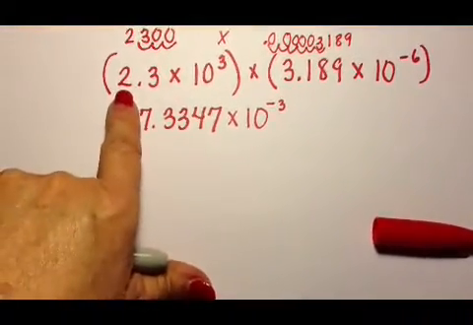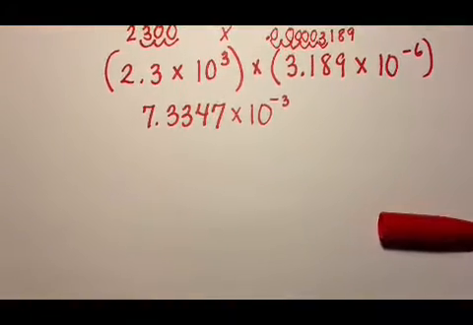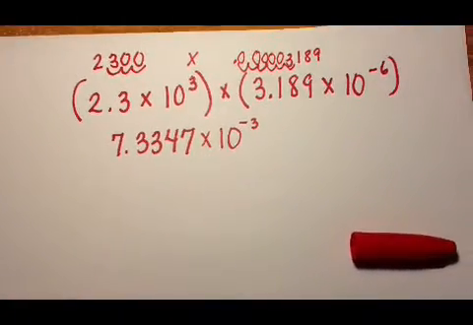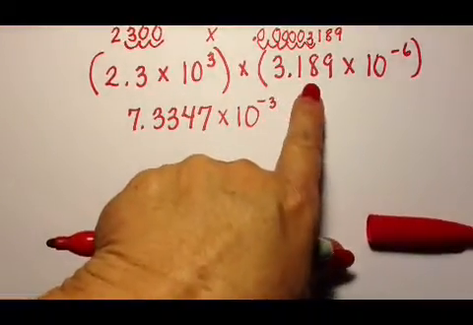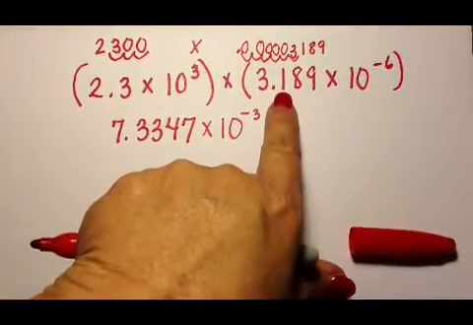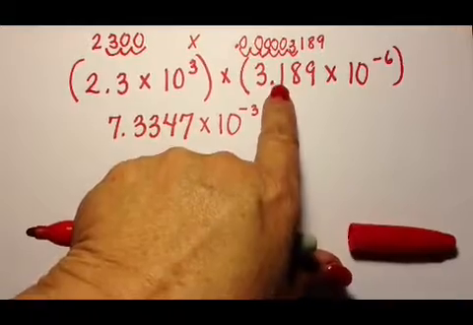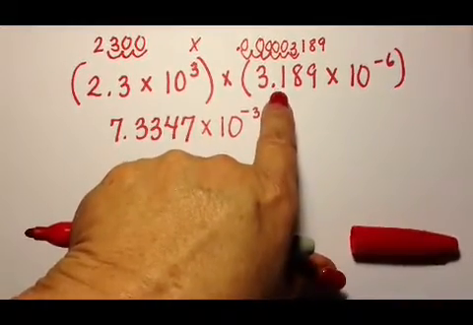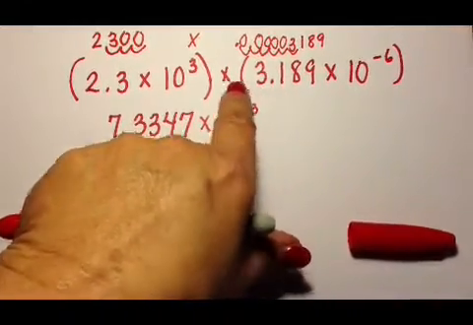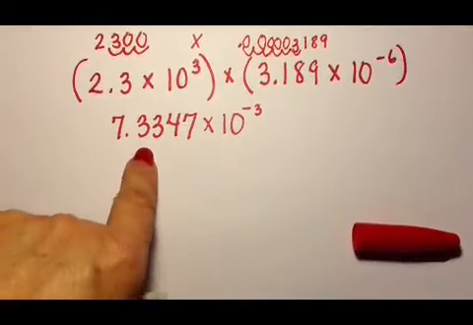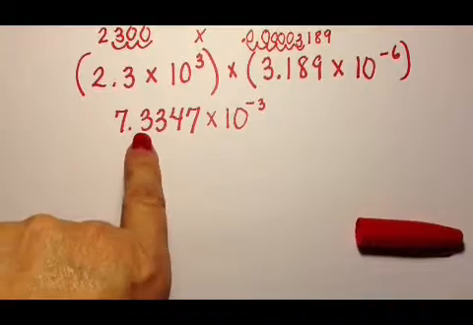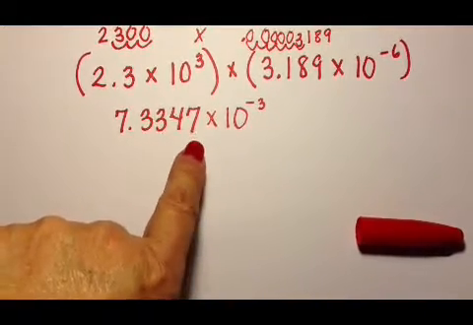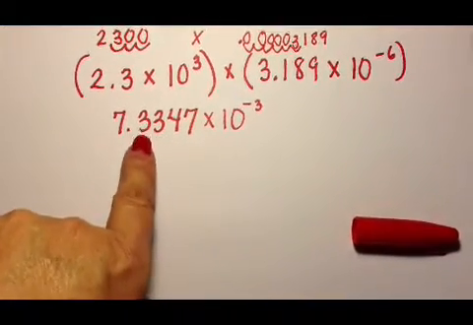Because it's very easy to go ahead and remember that in multiplication we can change the order and regroup. So I am changing the order here, and I'm going to multiply and regroup and multiply 3.189 times 2.3, and I'm going to get 7.3347, or 7 and 3,347 ten-thousandths.